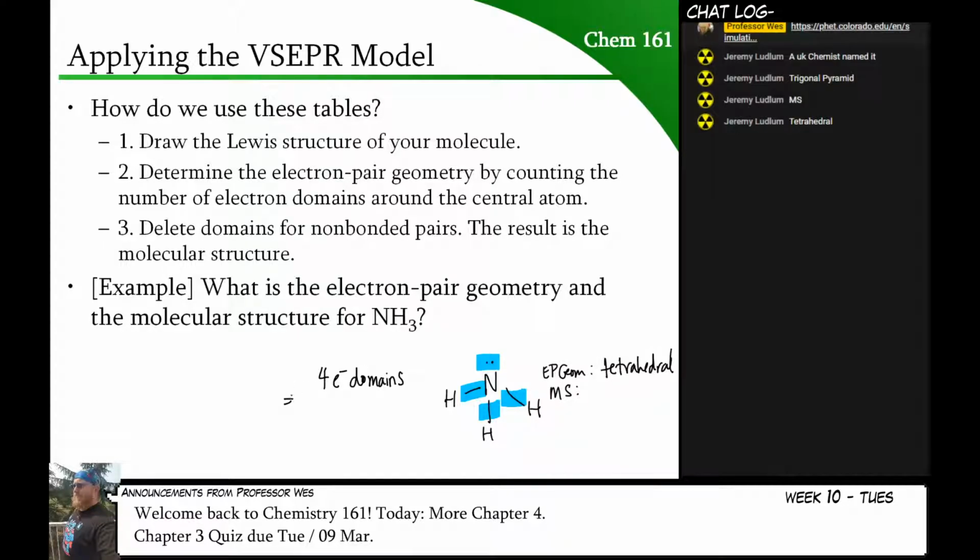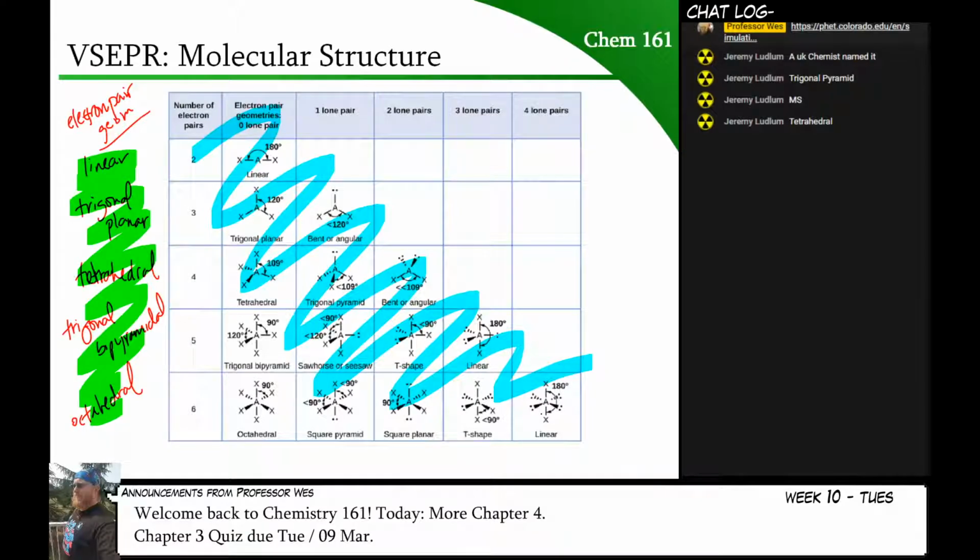And then of those domains, how many are electron pairs? 1. So we look at the chart for 4 electron domains, 1 electron pair. And if we go back to that, we see that 4 and 1 is trigonal pyramidal.